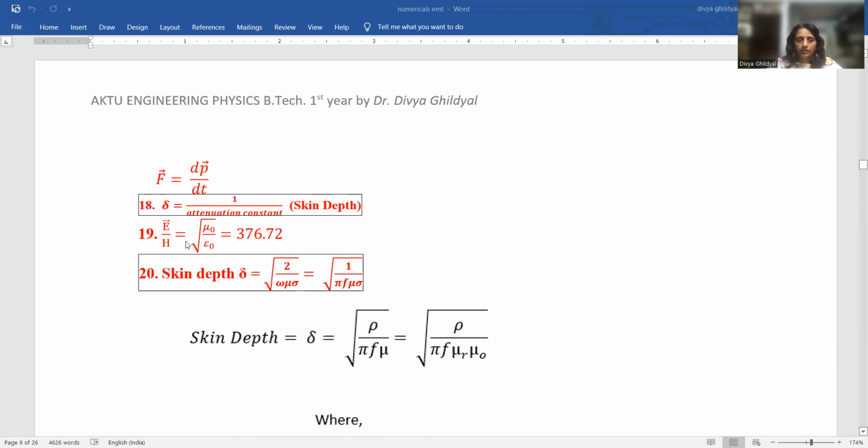E upon H is equal to under root mu naught upon epsilon naught. Mathematically, approximately, it comes out as 376.72. For your numericals, you can take this equal to 377. Skin depth, mathematical formula is under root 2 upon omega mu sigma equal to 1 upon root pi f mu sigma.